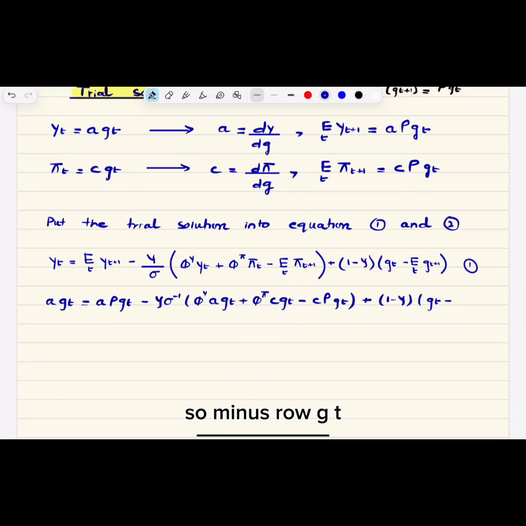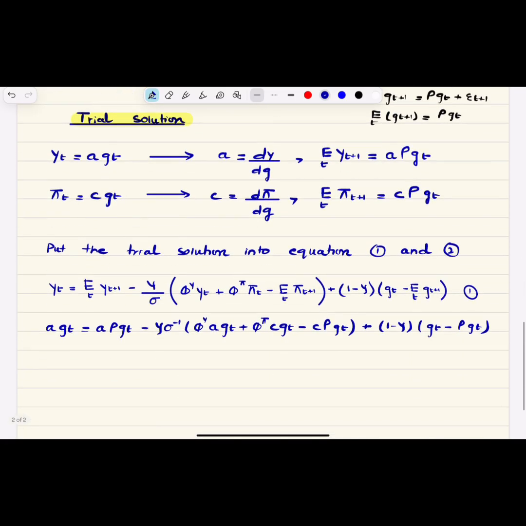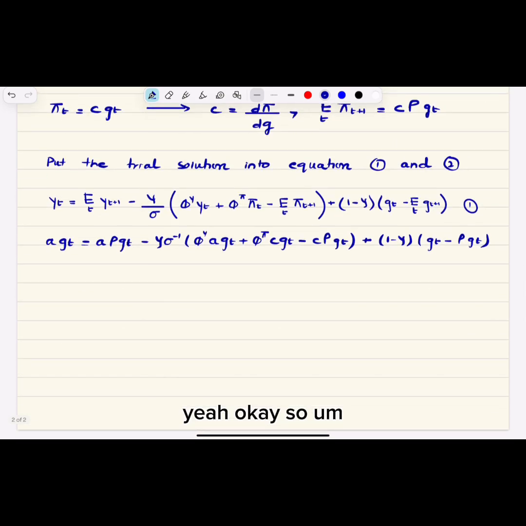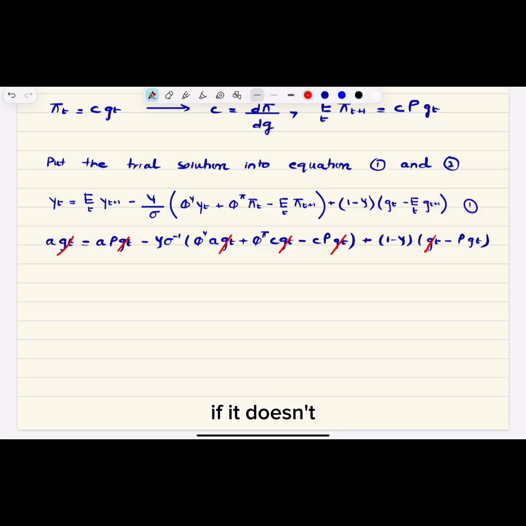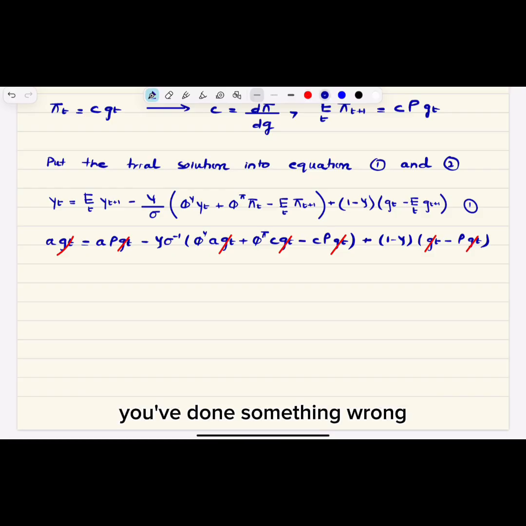So minus rho GT, and yeah. Okay. As you can see, GT can be taken out as common, and it does cancel out everywhere. If it doesn't, then that's just a hint that you've done something wrong.